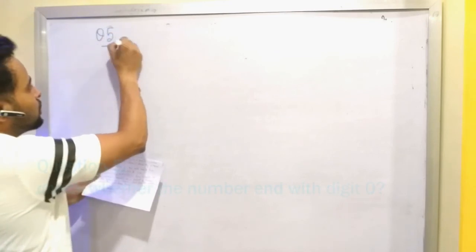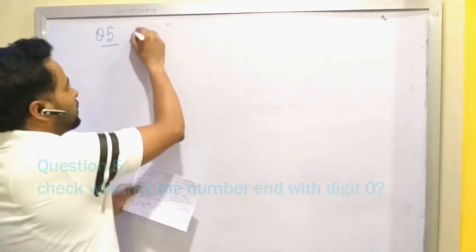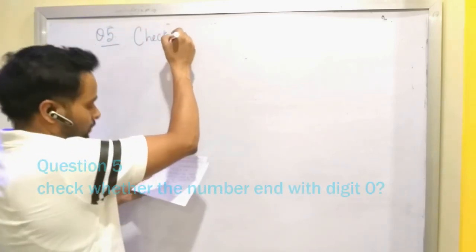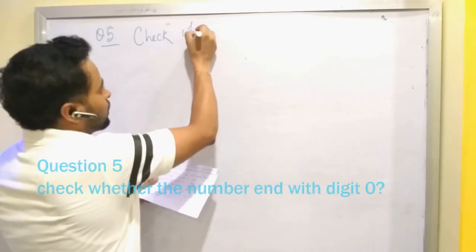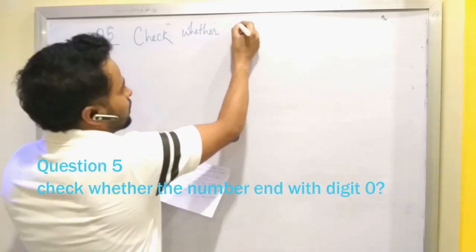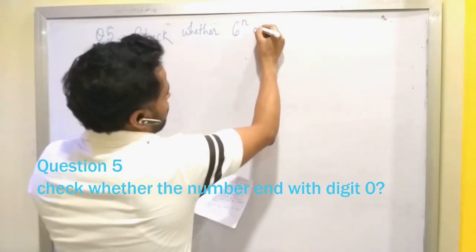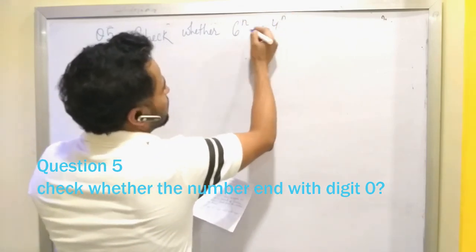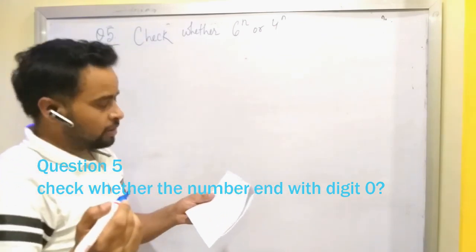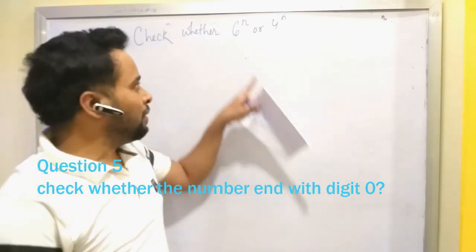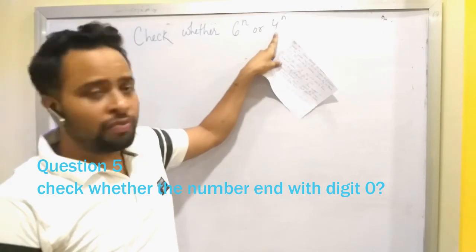Question number 5 says, check whether 6 to the power n or 4 to the power n can end with digit 0 for some n, for some n belonging to natural numbers. Let us take any of these. I will prove 6 to the power n, you will prove 4 to the power n.